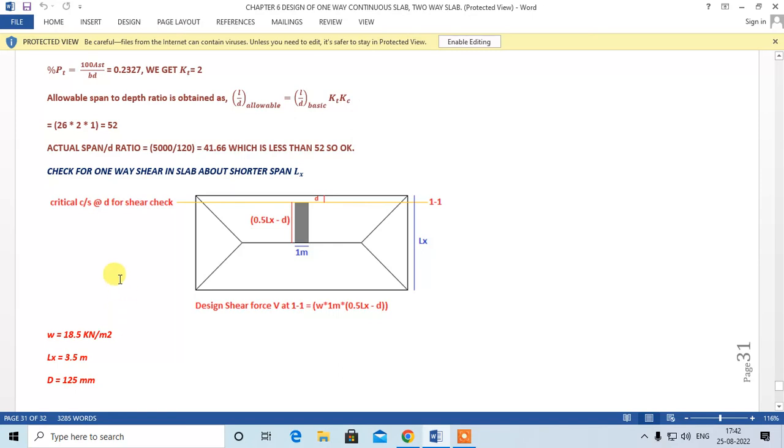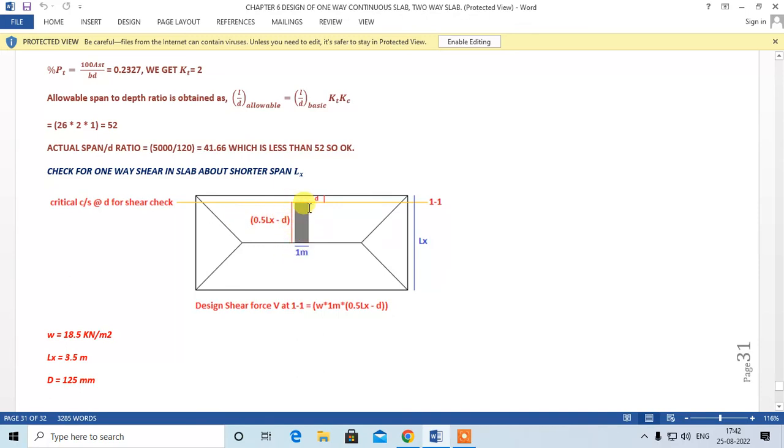After that, another important check is the check for one-way shear in the slab about the shorter span, right? This is the critical section 1-1 for the check for one-way shear, which is taken at a distance d, the effective depth, from the support. We'll take a 1 meter strip, and the length of this strip will be 0.5 Lx minus d, and the width is 1 meter.